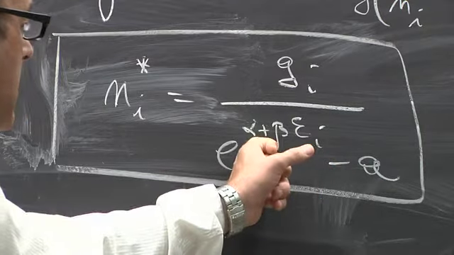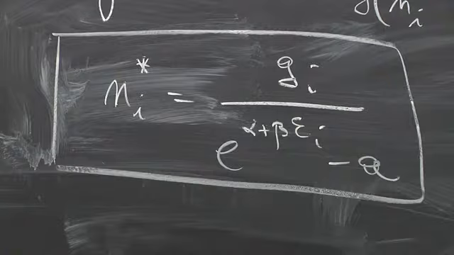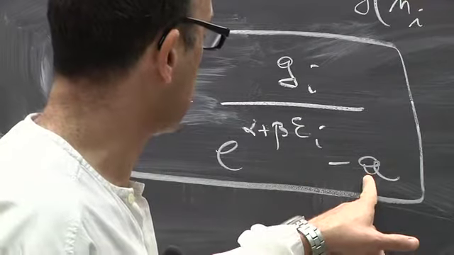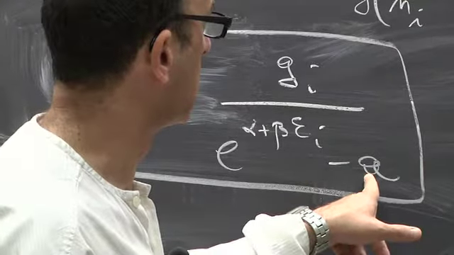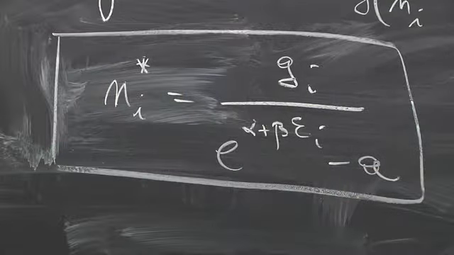You have to remember that alpha and beta have to be fixed in order to satisfy the two constraints. Whereas when a is equal to 1 or to minus 1, you get the result for the Fermi-Dirac and Bose-Einstein statistics.